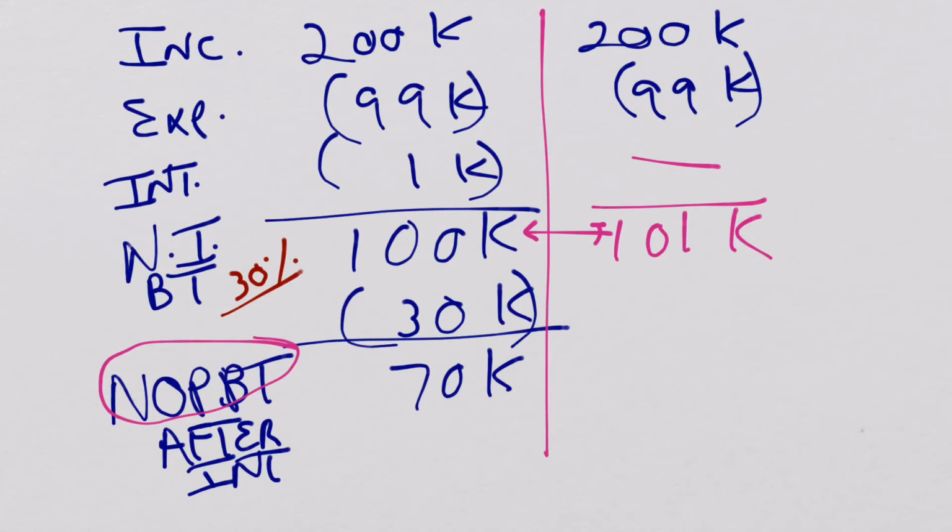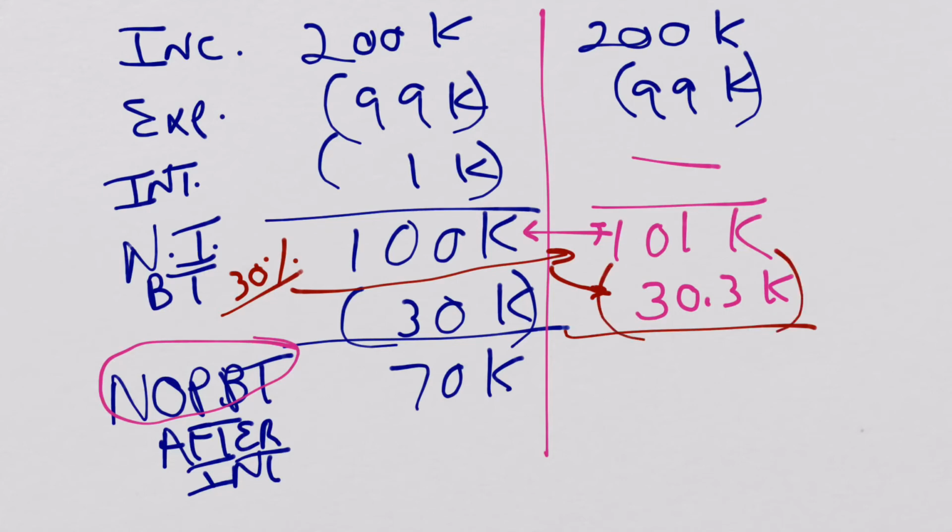The tax effect is that now instead of 30K, it's 30.3K. Do the math. Do 30% tax on this number, and you're going to get 300. And that means that the net income down here, which will now be our NOPAT, that number is going to be, let's do the math, and you shall see, 70,700.